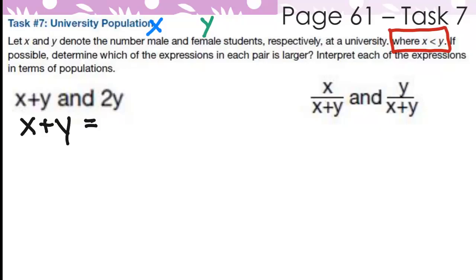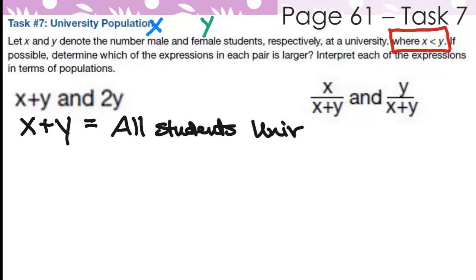I'm talking about in terms of this problem. It's not just males, though. It's males plus females, which is students. Yeah, all students of the university. So X plus Y is all the students at the university.